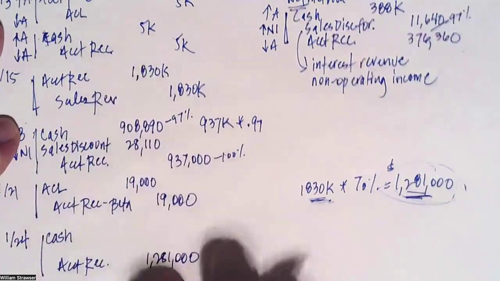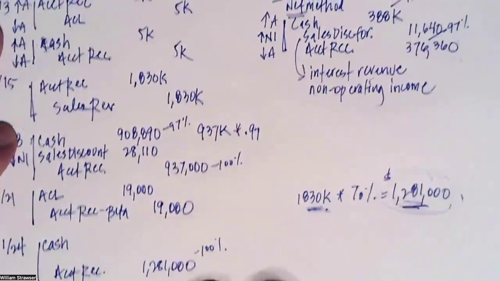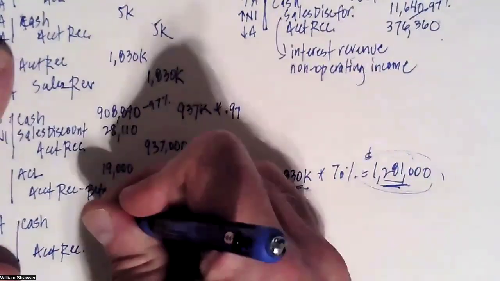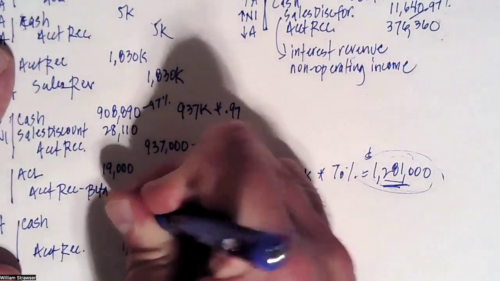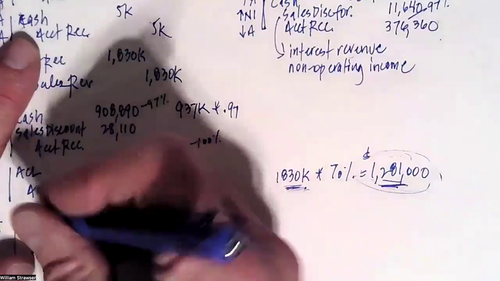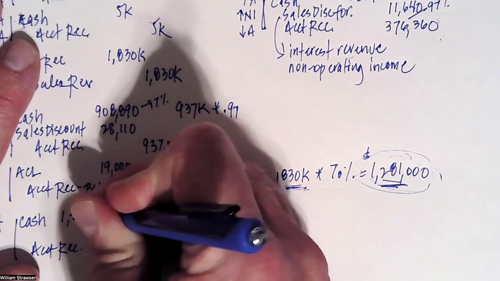The cash I would receive is net of the discount because they paid within the window. The discount was 2% this time. So the cash we collect is 98%. So that comes to 1,255,380.